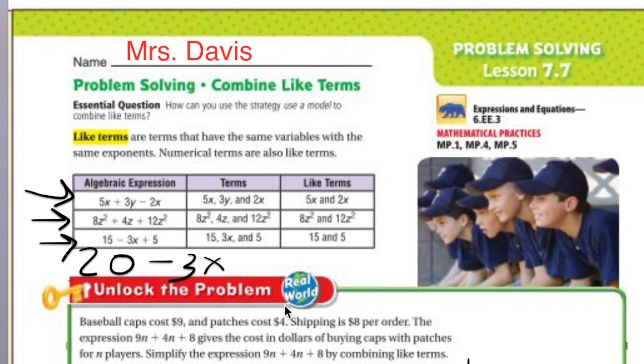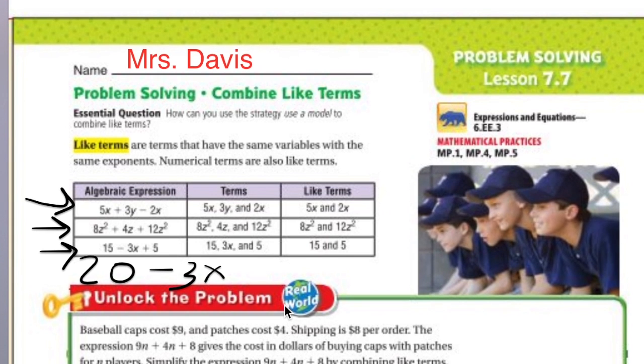It says baseball caps cost $9 and patches cost $4. Shipping is $8 per order. The expression 9n plus 4n plus 8 gives the cost in dollars of buying caps with patches for n players.